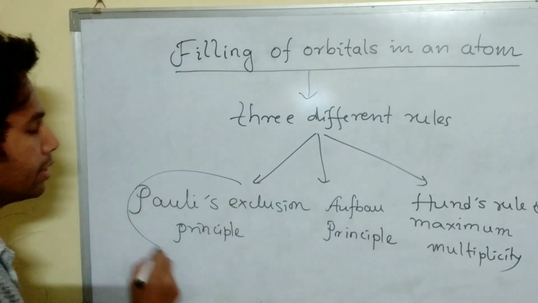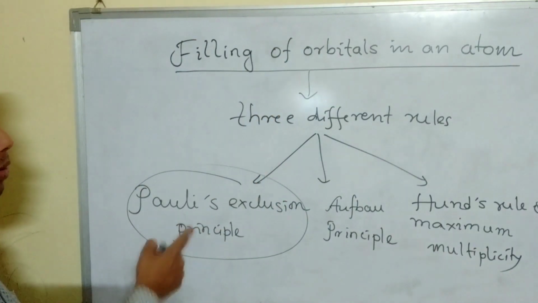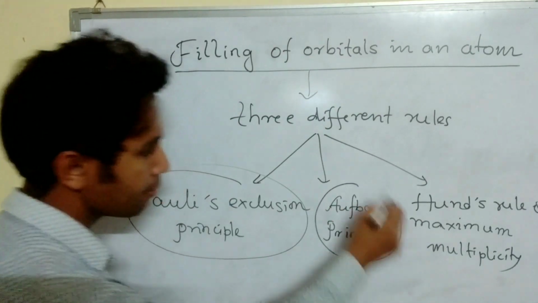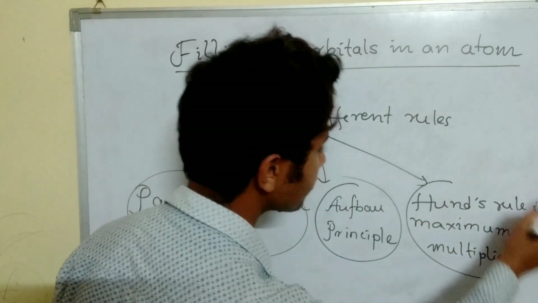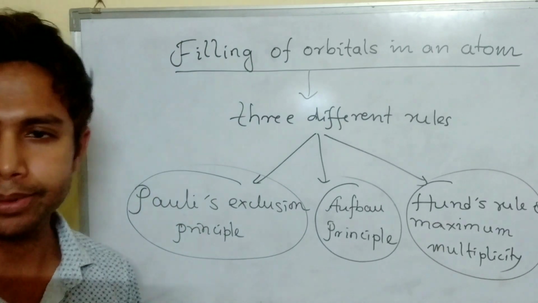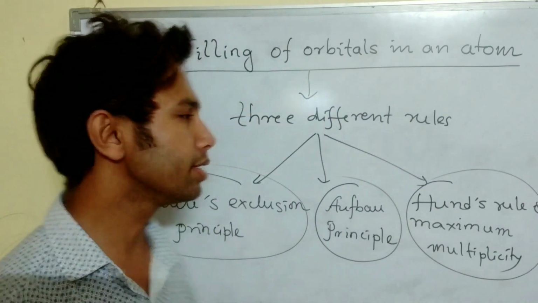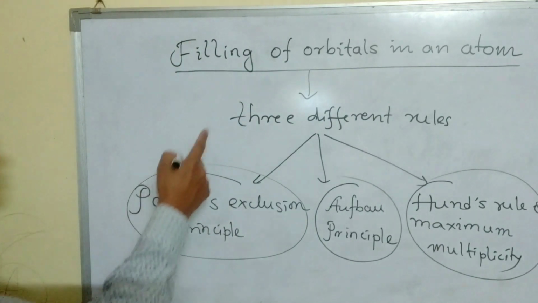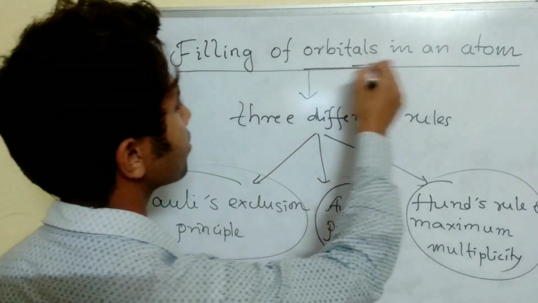So these are the three principles: Pauli's exclusion principle, Aufbau principle, and Hund's rule of maximum multiplicity. These three rules govern the filling up of electrons in different orbitals of an atom.